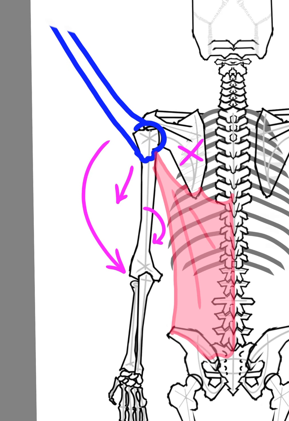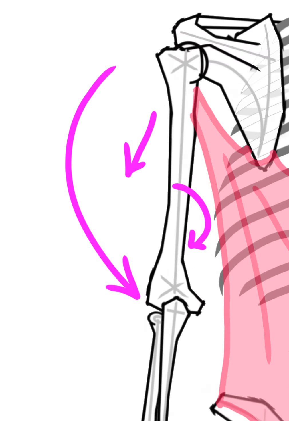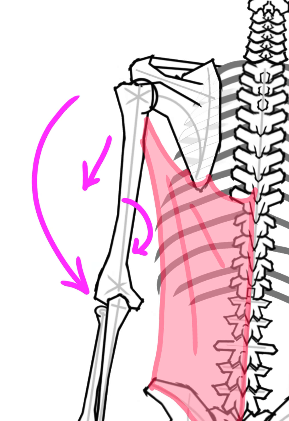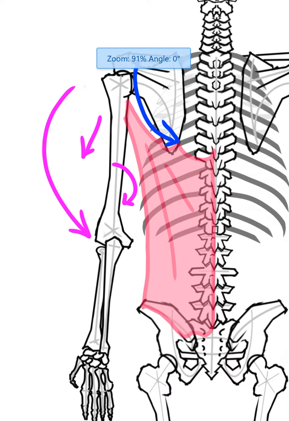But it's very difficult to lift your arm up as high as this without the scapula going along with it. So that means the scapula has to follow along. So, therefore, when we bring our arm into this lowered position by comparison, it must mean the scapula follows that motion down.